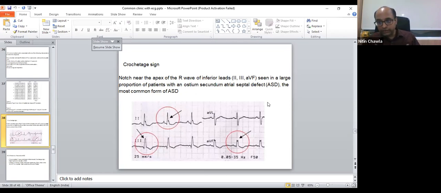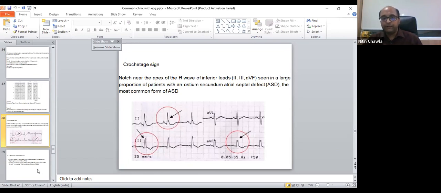There is associated stretching of the right ventricle. Because of that, there is dissociated depolarization, and we see a typical positive notch in the inferior leads, that is lead 2, lead 3, and in AVF.